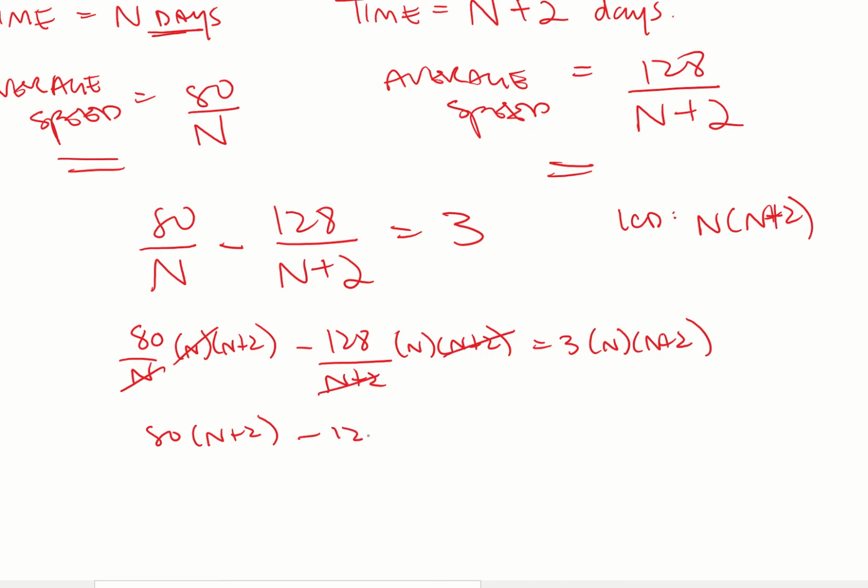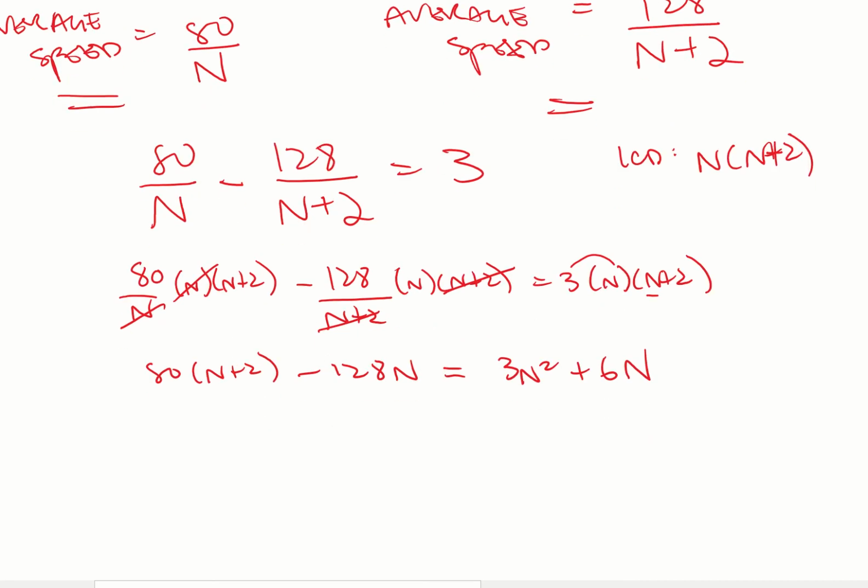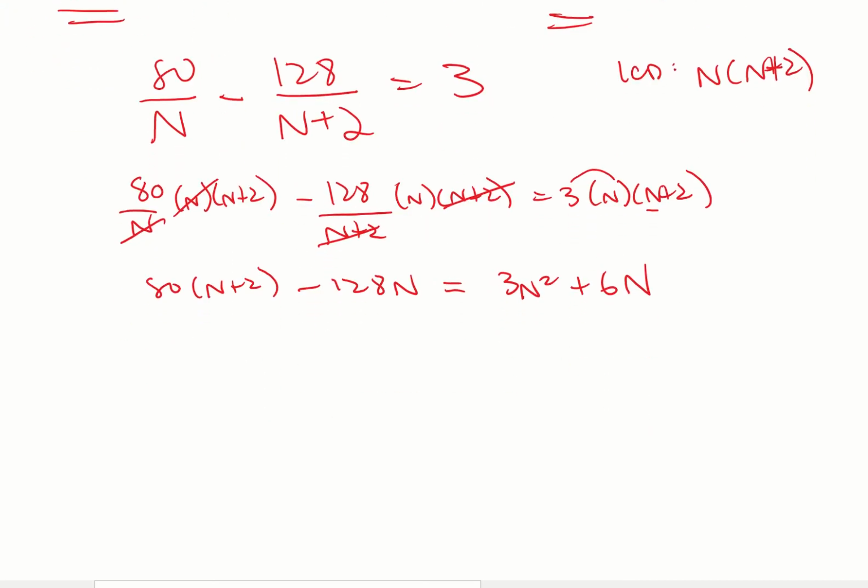So minus 128n equals 3n times n plus 2. So this part over here, you expand everything out. 3n times n is 3n squared. 3n times 2 is plus 6n. So after this, combine like terms, move everything to one side. So 80n plus 160 minus 128n is equal to 3n squared plus 6n.